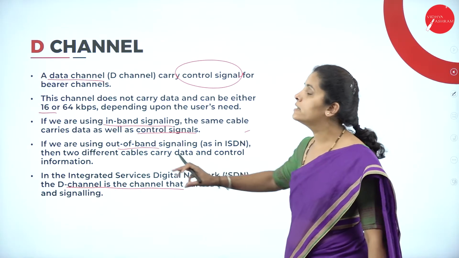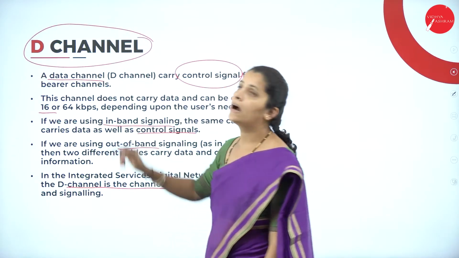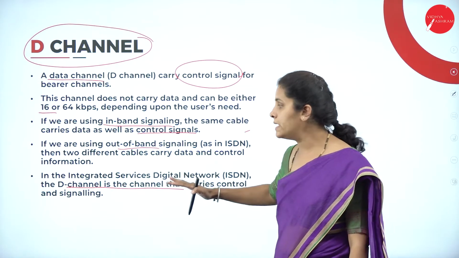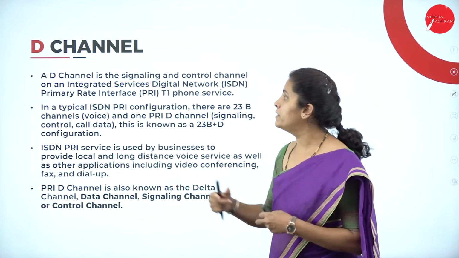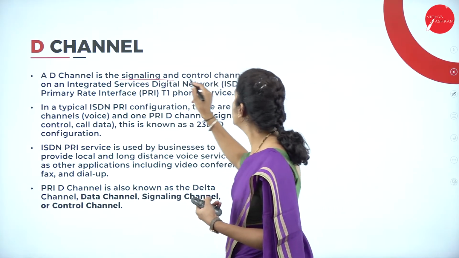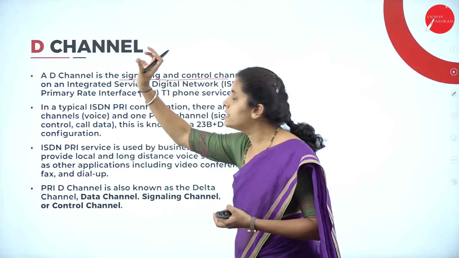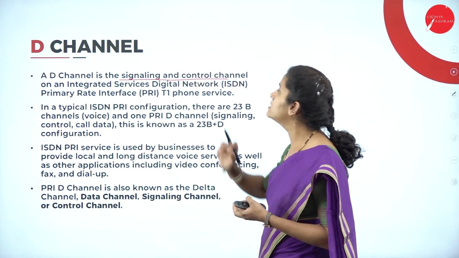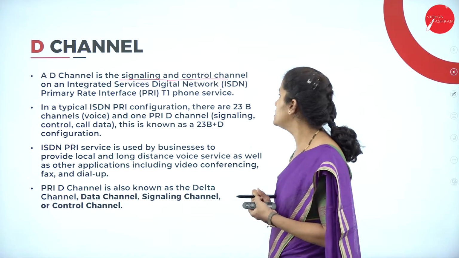That means in ISDN, the D channel is responsible for carrying controls as well as signals. Moving further, the D channel is the signaling and control channel. That means the D channel is responsible for carrying only the signals as well as the control information for ISDN.